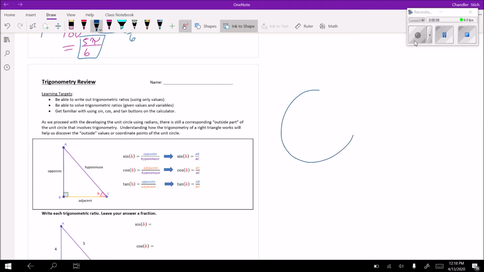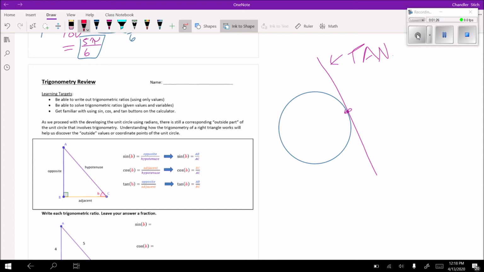If I have a circle, I'm going to draw a tangent line. It touches my circle in exactly one point. This would be a tangent line, T-A-N, tangent.